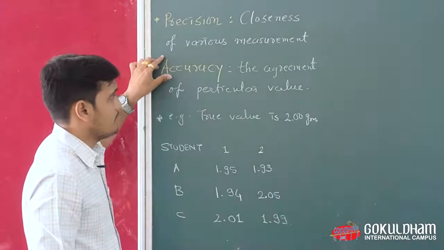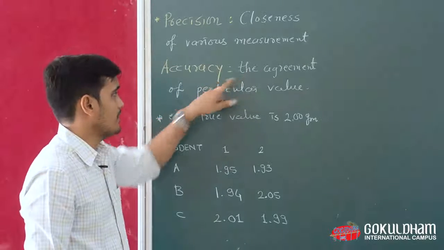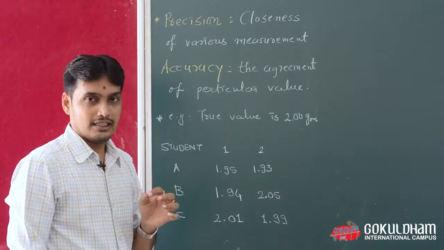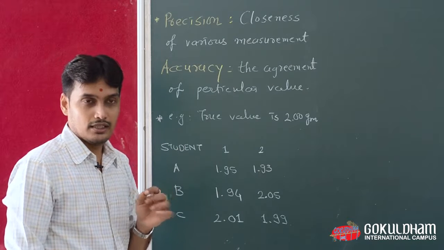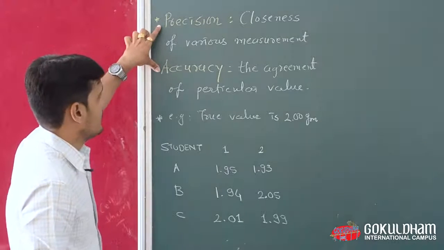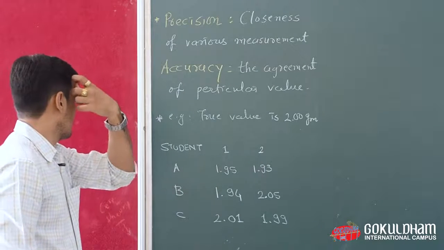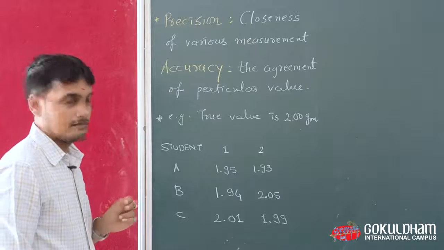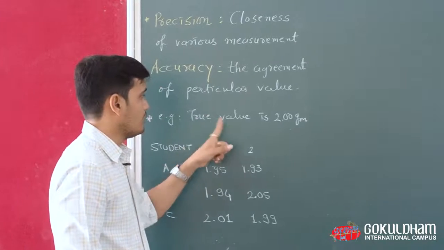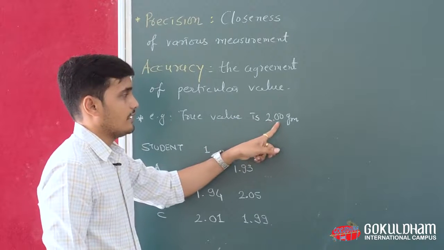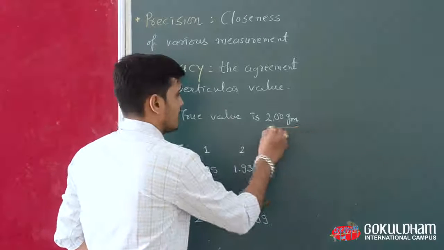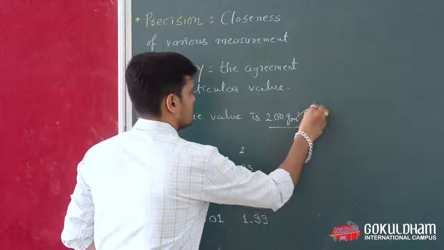But accuracy is defined as the agreement of a particular value which is exactly similar to the real value. We can understand these two definitions by one simple example. Suppose an object has a true value of 2.00 gram. This 2 gram is our real value.